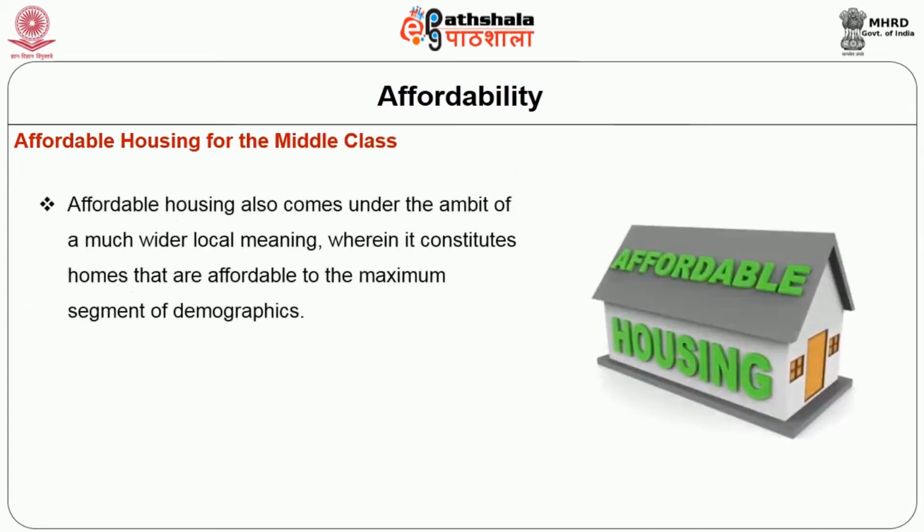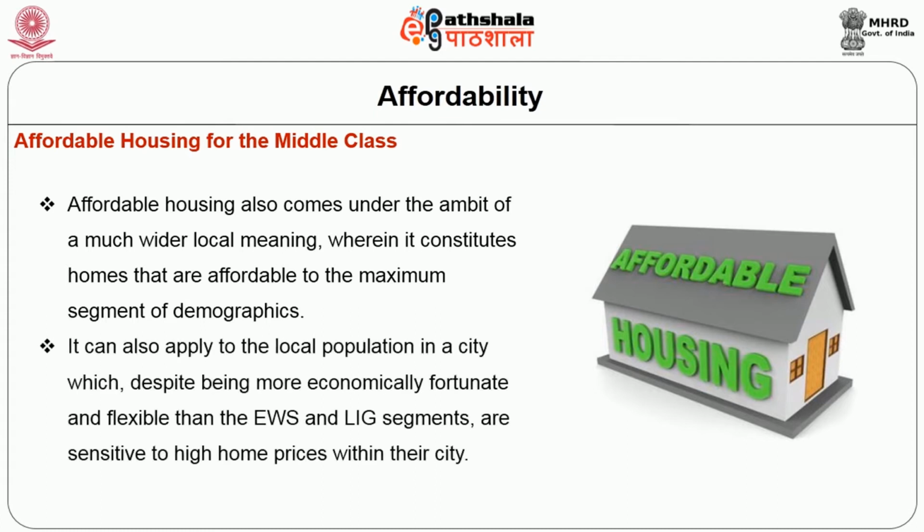And what about affordable housing for the middle class? Affordable housing also comes under the ambit of a much wider local meaning, wherein it constitutes homes that are affordable to the maximum segment of demographics.